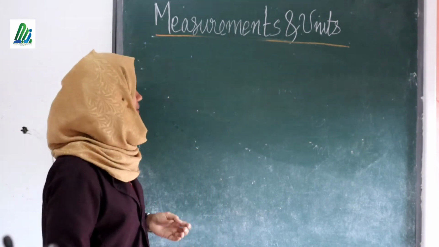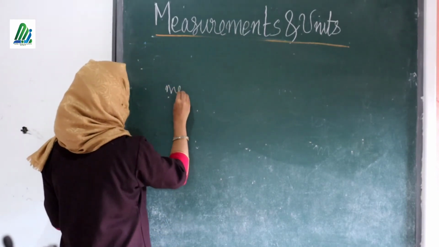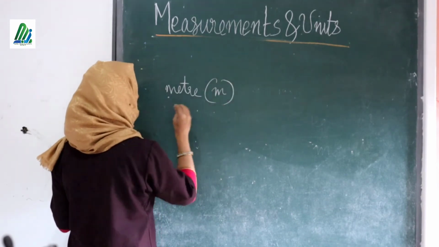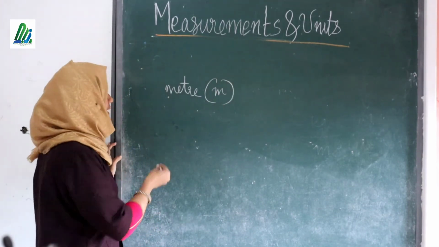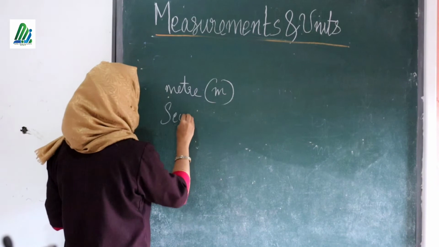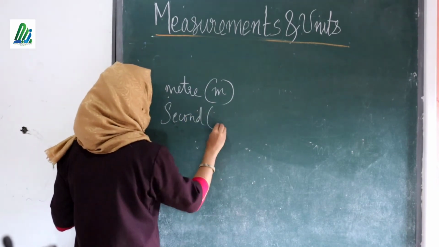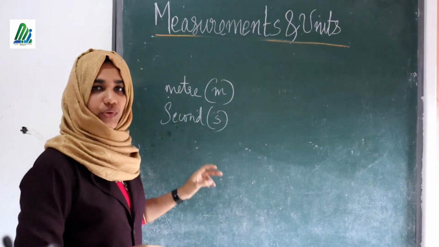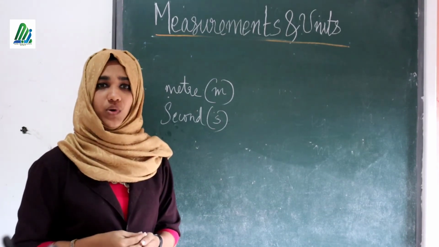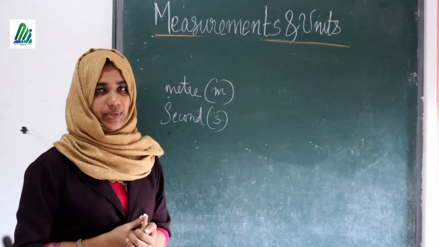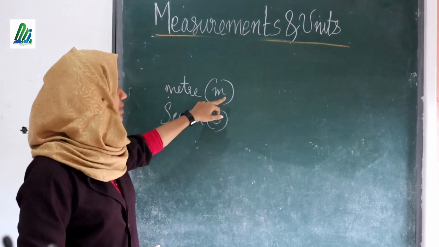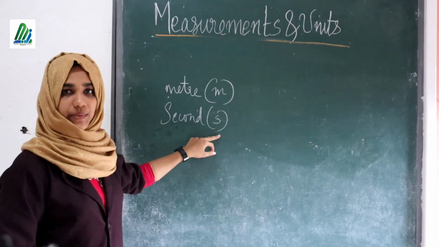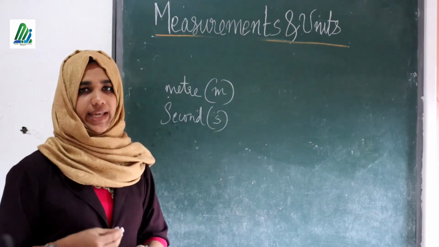For example, meter. How can we write meter? That is by using small m. Then second. How can we represent second? By small s. So the symbols of units are written using small letters of English alphabets. For example, meter is represented by small m, then second is represented by small s.